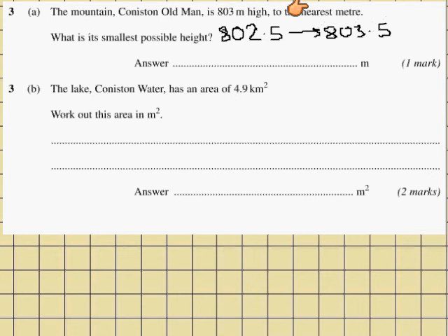If we're asked to find the smallest possible height that will round to 803, so if you already know how to round, all this is doing is working backwards.